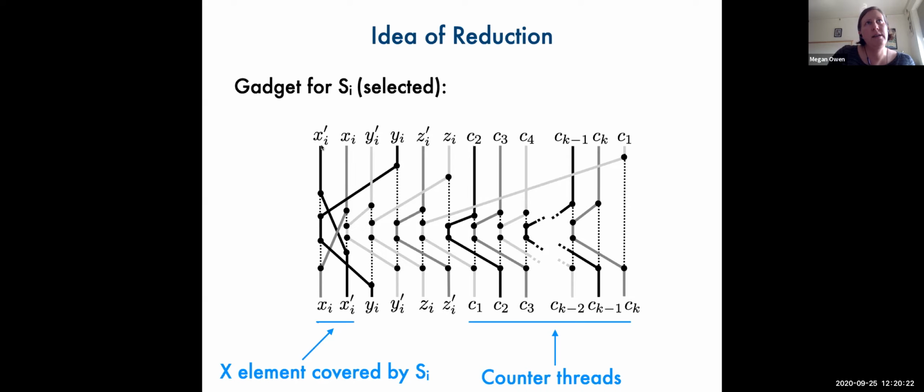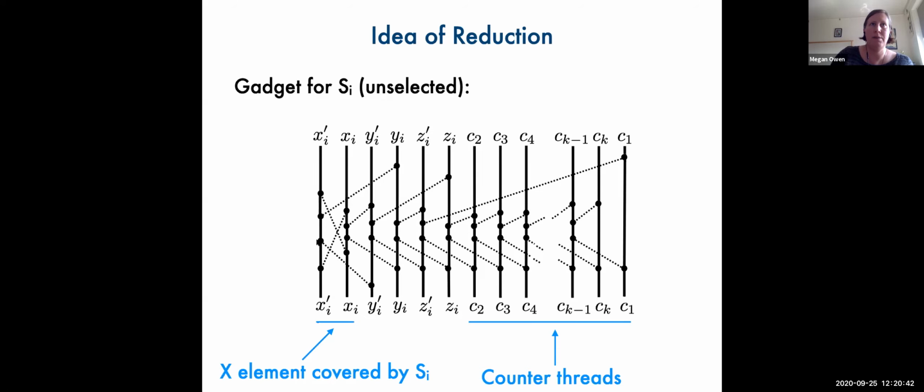And so you can see in this case, xi prime goes over to xi prime, sorry, but these are in the other order. And this xi goes over to xi here. So they've swapped places versus the previous gadget where xi prime just stays in the same place and xi stays in the same place.